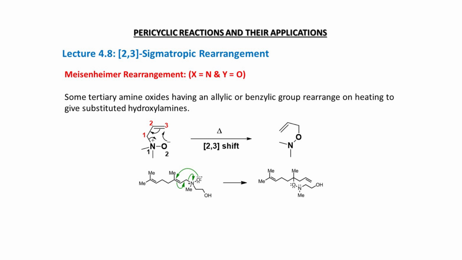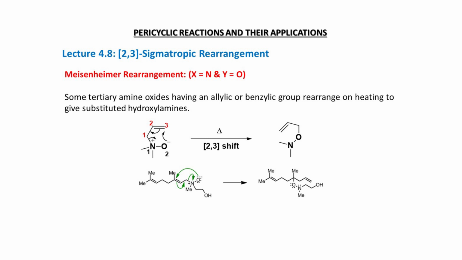In the example shown in this slide, you can observe the nitrogen, which is a tertiary nitrogen holding the positive charge and also connected to the electronegative oxygen atom, which are X and Y respectively. The allyl group has the proton at the allyl carbon atom. So what is happening here? Under thermal conditions, it is subjected to a 2,3 sigmatropic shift, resulting in the formation of the product, which is a hydroxylamine.